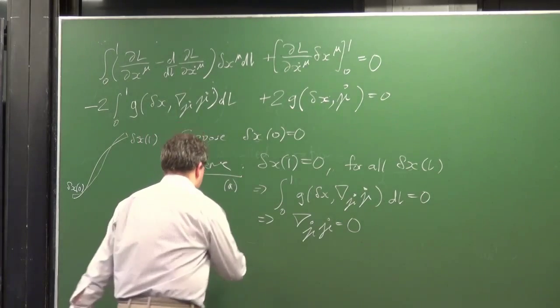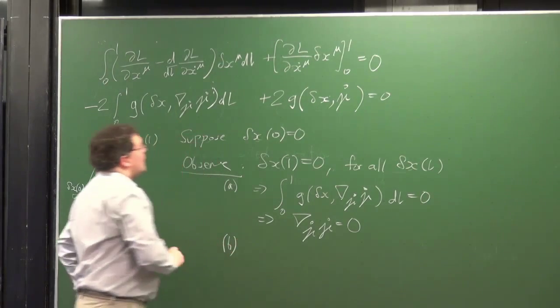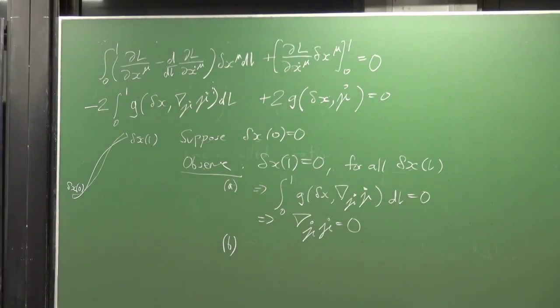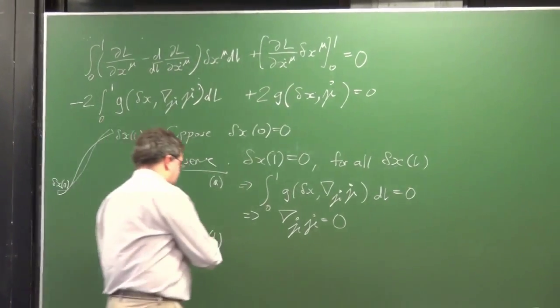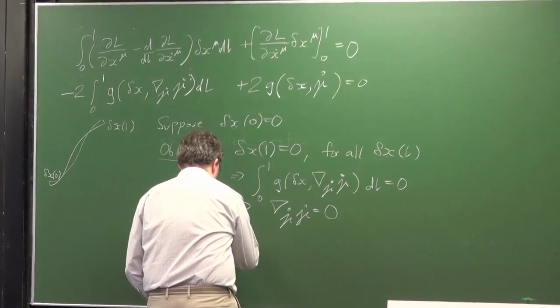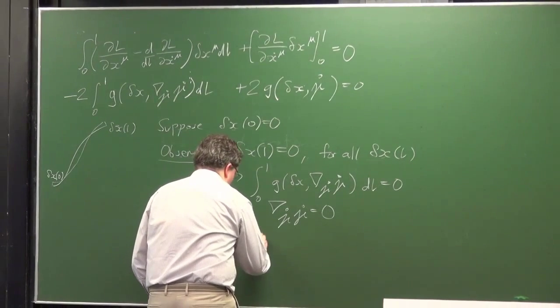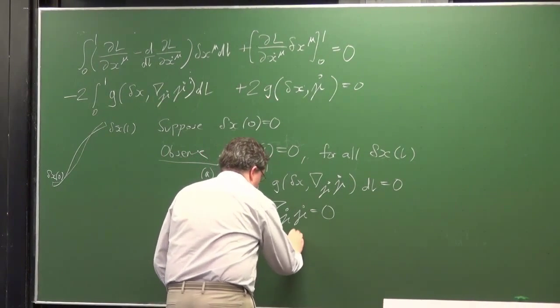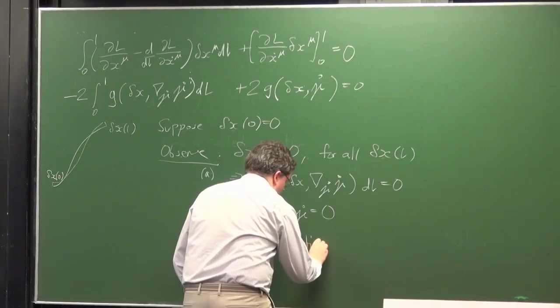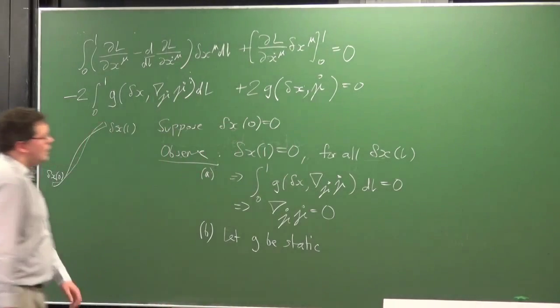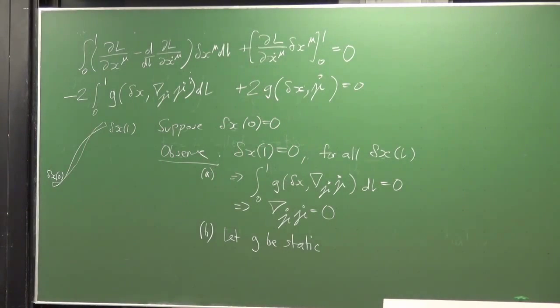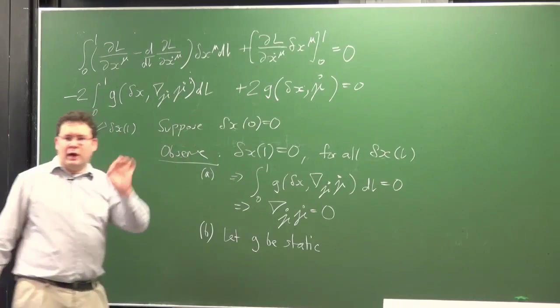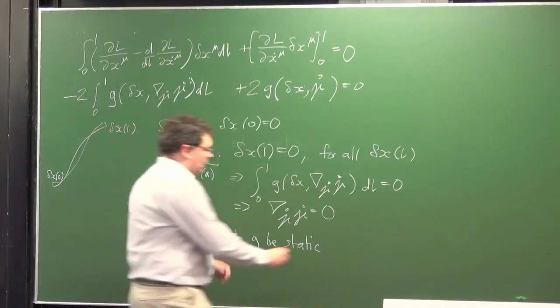Let's suppose we're in a static space-time. So then we can find a coordinate system where time and space split. We're still assuming that the variation at the start point is equal to 0.